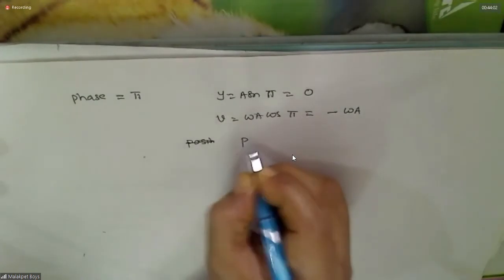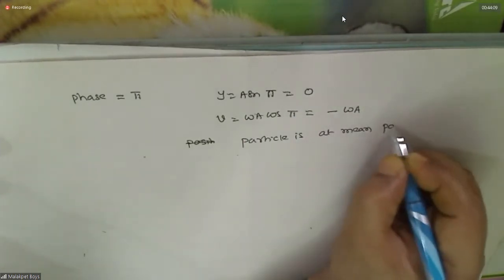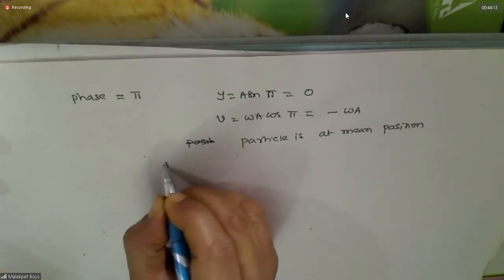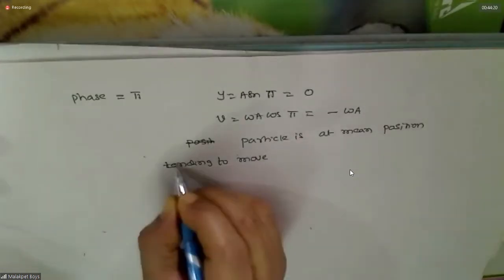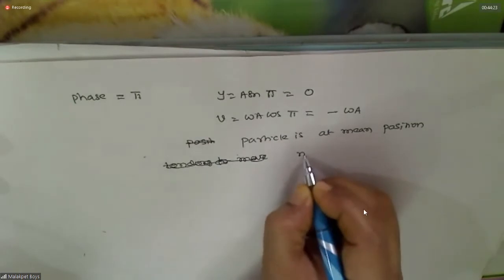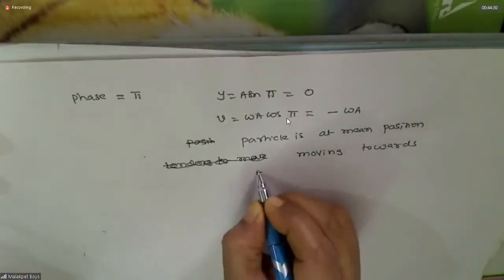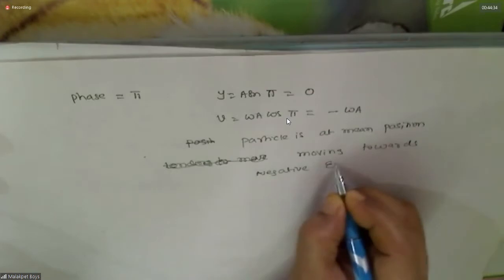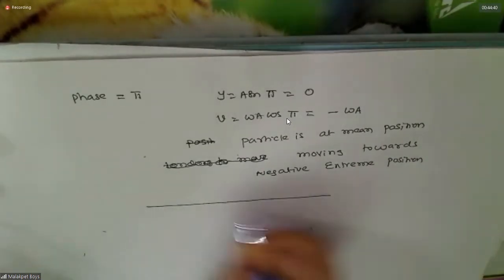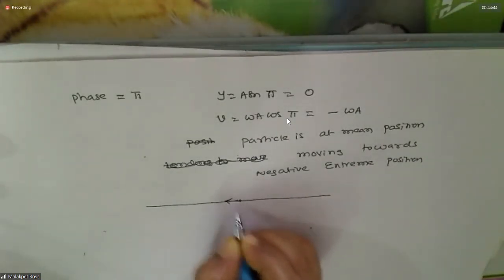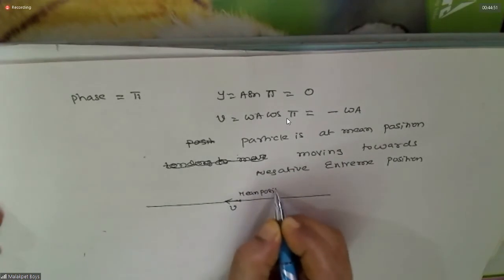The particle is at the mean position, moving towards the negative extreme position. Understood this?